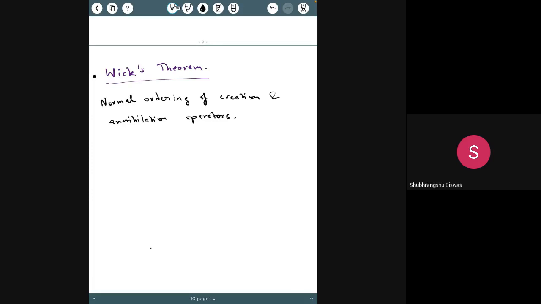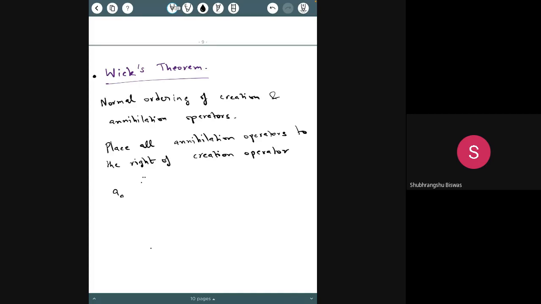So the thing is that you place all annihilation operators to the right of creation operators.